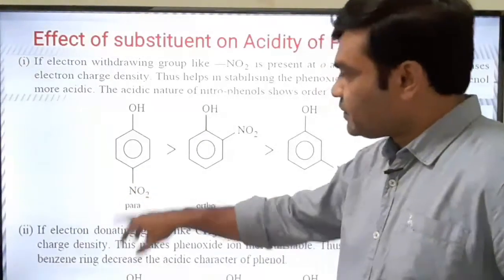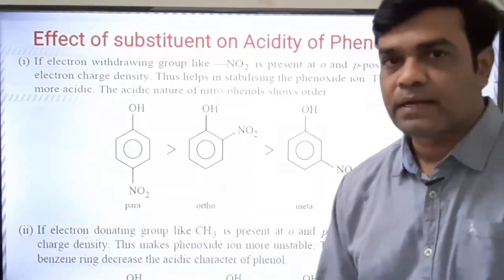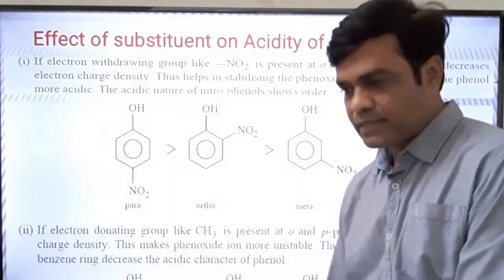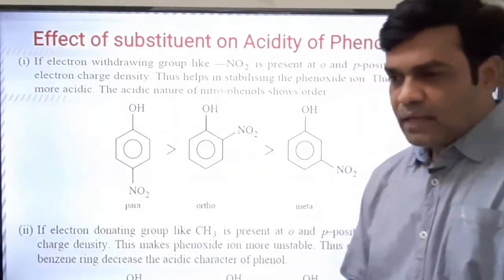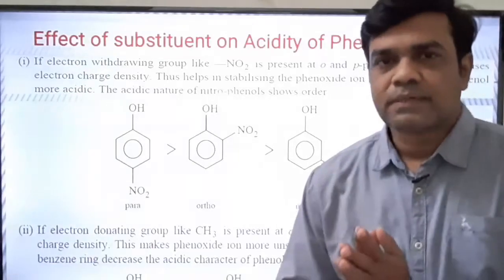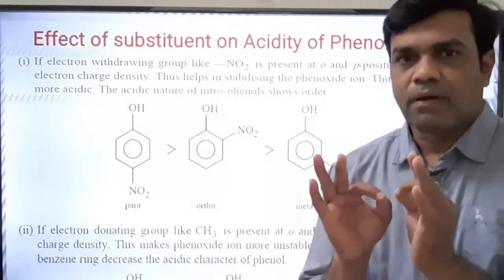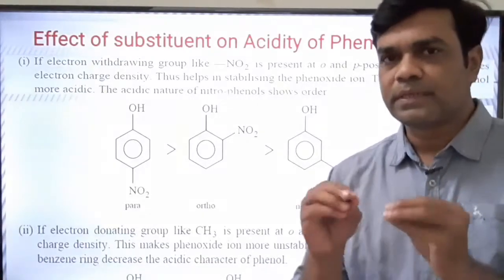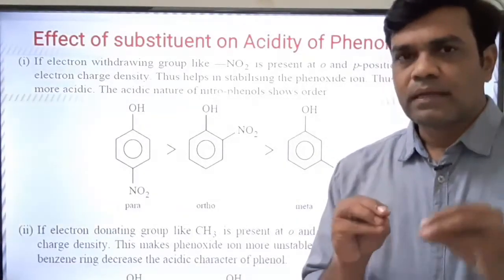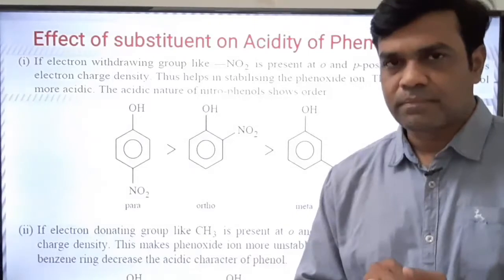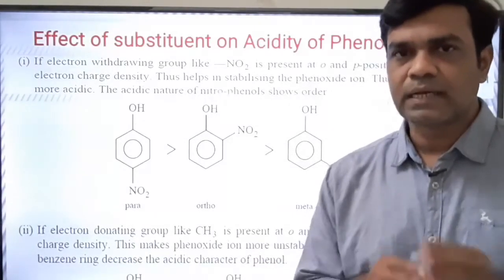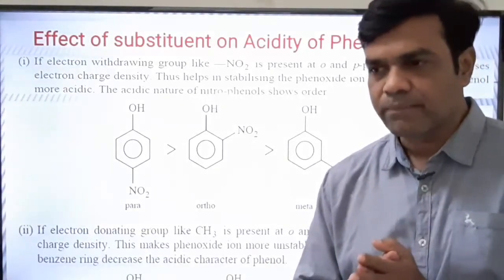Nitro group is the substituent here, and we know that nitro is electron withdrawing in nature. Electron withdrawing group means the atom or group, functional group, which is attached to the benzene ring, in which the key atom is the atom directly attached to the benzene ring or phenyl ring.